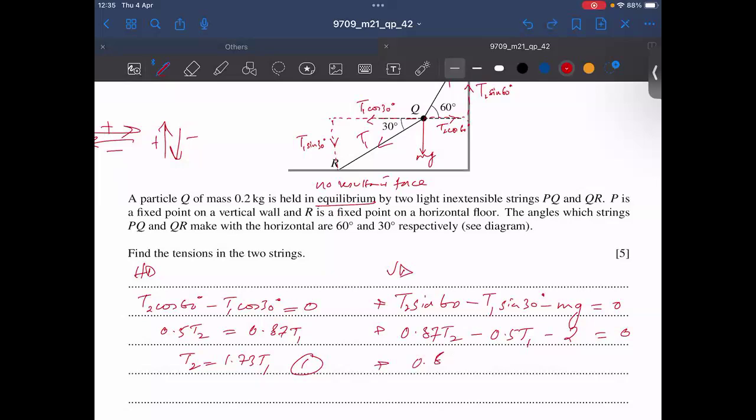Now I'm going to replace T2 with 1.73 T1. So 0.87 into 1.73 T1 minus 0.5 T1 equals 2. 0.87 multiplied by 1.73 is going to be 1.5.